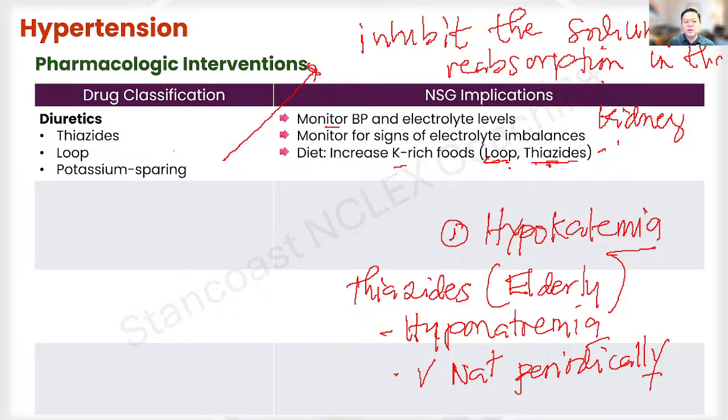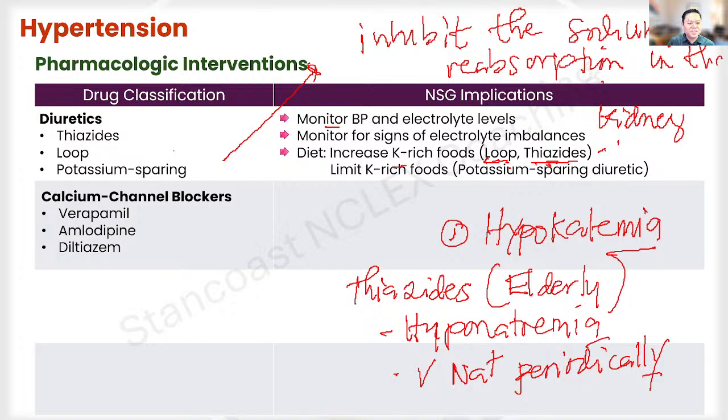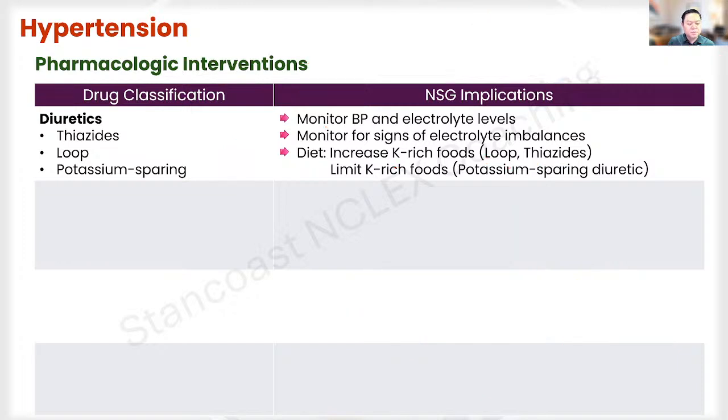Now let's move on into the next classification here. We have the calcium channel blockers. Oh, before we go to that, I forgot. There's another one over here. So for example, if they are taking the potassium sparing diuretic. So what is this potassium sparing diuretic?